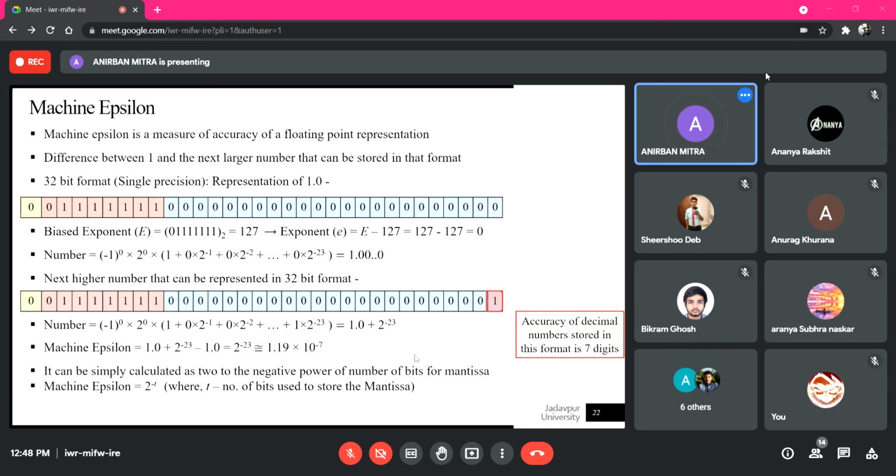So if T bits are used to store the mantissa, then the machine epsilon would evidently be 2 to the power minus T. For the 64-bit format, we have 2 to the power minus 52, which is approximately 2.2 into 10 to the power minus 16. That means we get an accuracy after the decimal point of at least 16 digits.